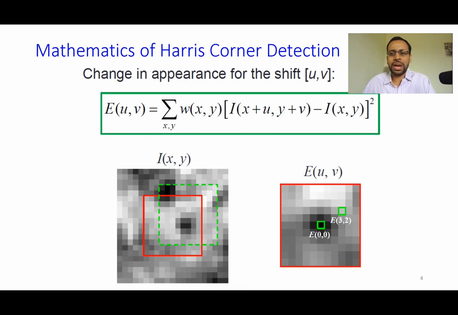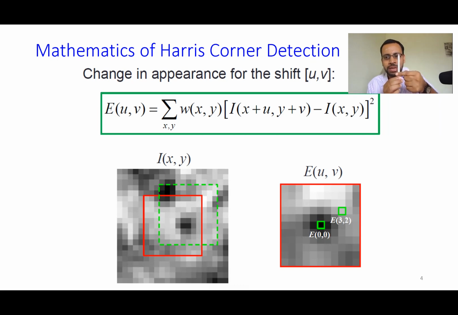And suppose you have an edge, the aperture problem is there, that's what we have discussed. Let's say I have an edge like this, and I have a small patch here, some rectangular or square patch. If I have a vertical edge and I'm moving horizontally, there is a variation in that patch.